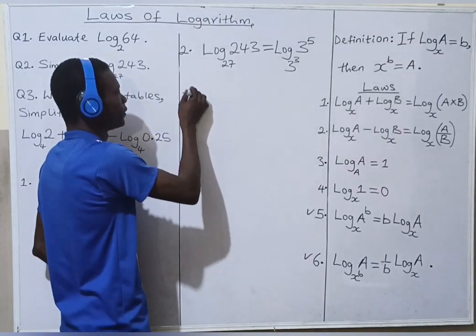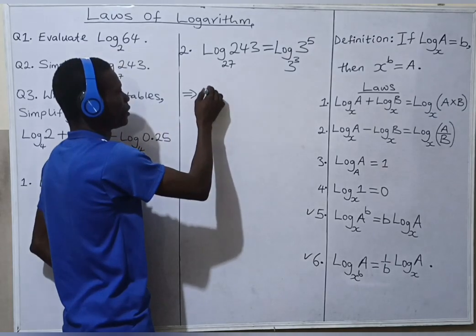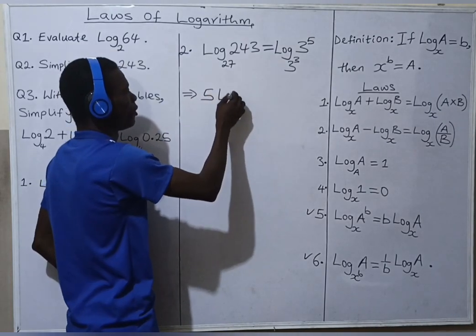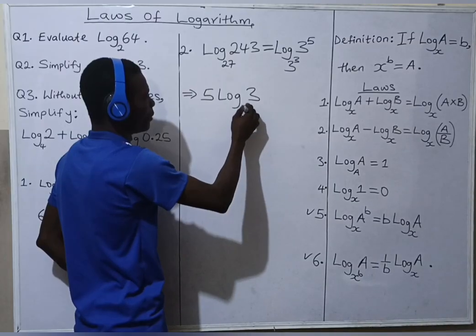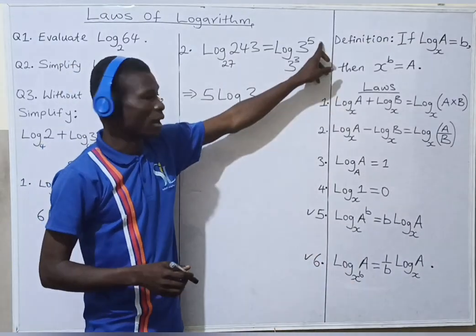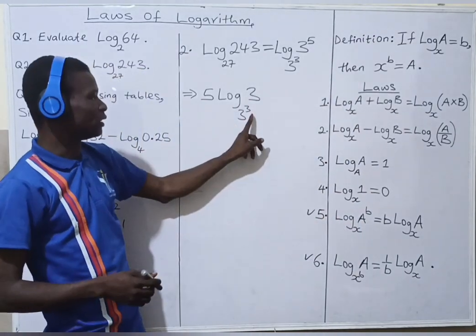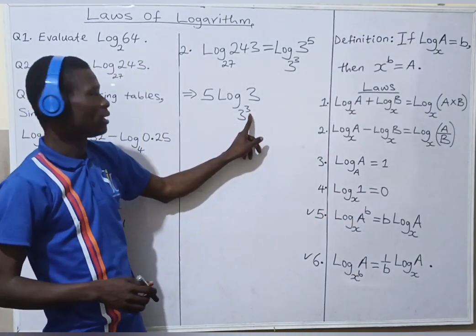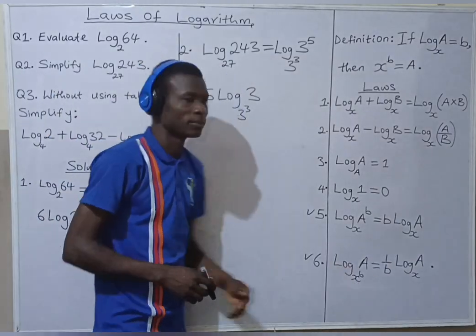Okay, so we'll proceed as follows. When 5 comes behind, it becomes 5 log 3 to base 3 raised to power 3. It means that we have dealt with this power using law number 5. What is next is to deal with the power of the base, and to do that, we are going to have to use law number 6.